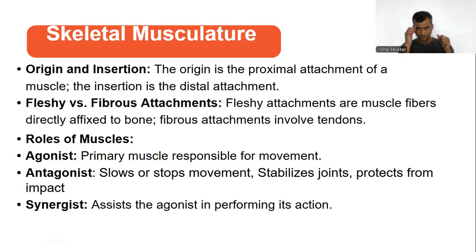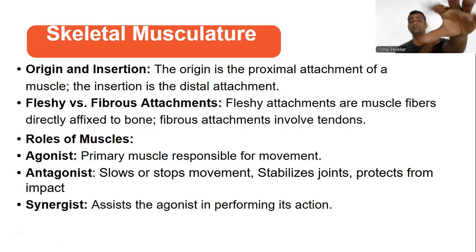So let's take an example of hitting someone as a boxer, right? So if you hit someone, the muscles you are using are your agonist, right, to help you hit someone, but then you also have your antagonist, which has an important role to play, which is to stop the movement, right? So now if my agonist keeps firing and my antagonist doesn't fire, what will happen?